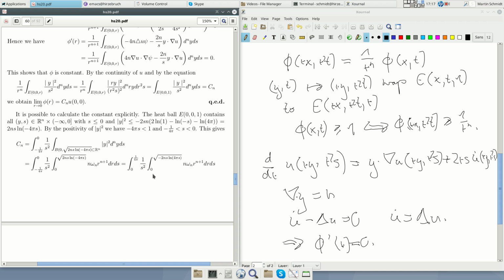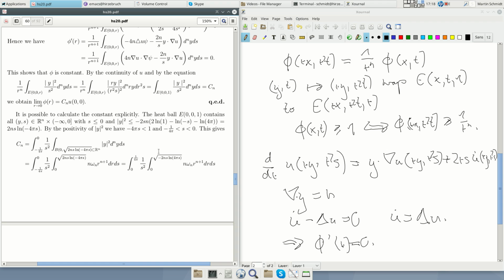Now we substitute, we want to get rid of this negative s, so we replace s by minus s, and we interchange the boundaries, so the negative of the s is cancelled by the interchange of these boundaries.